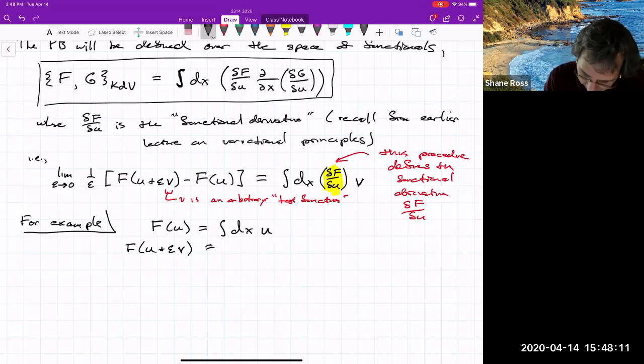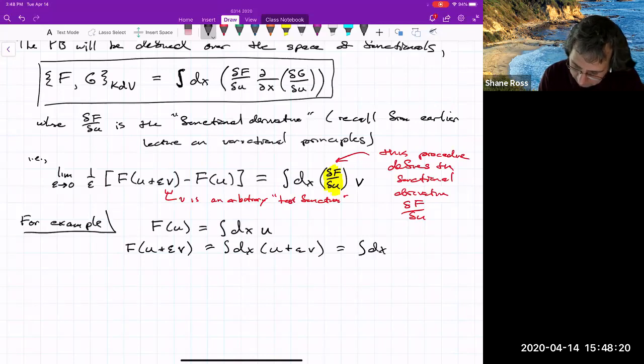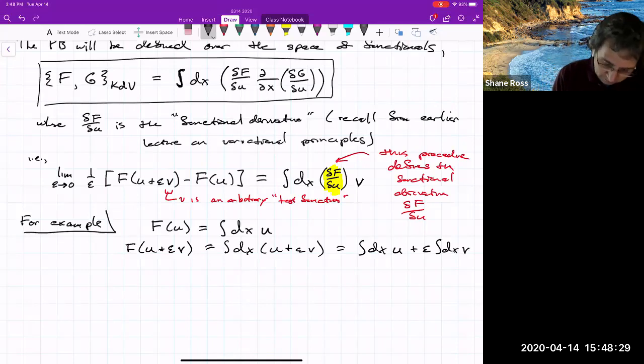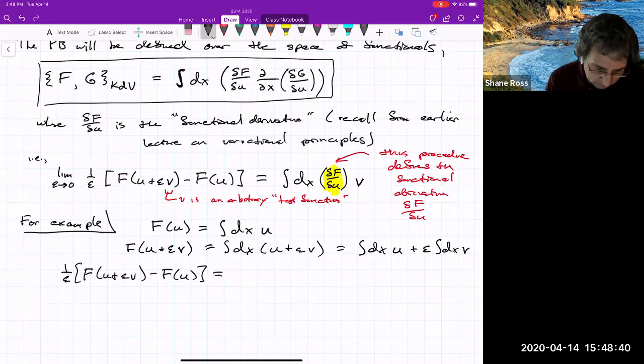This just looks like the integral dx of u plus epsilon v. Or we could split this up and pull the epsilon out of the integral over x of v.